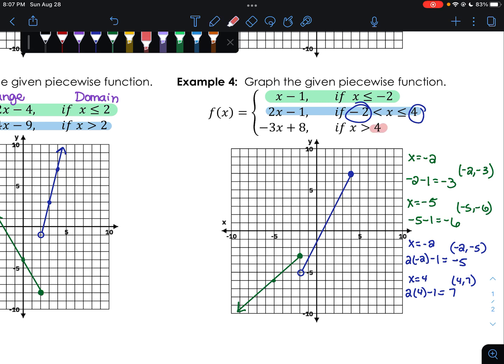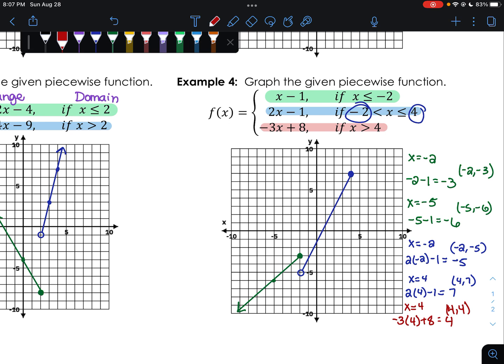Lastly, I'm going to graph this last equation right here. I'm going to start at 4, making sure that I give it an open circle. So I have negative 3 times 8. Oh, sorry, not negative 3 times 8. Negative 3 times 4 plus 8. There we go. That is negative 12. Negative 12 plus 8 is 4. So that is the point 4, 4.